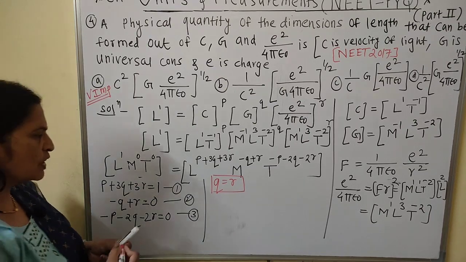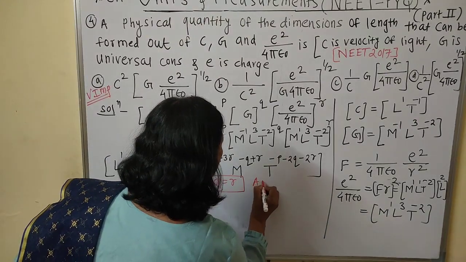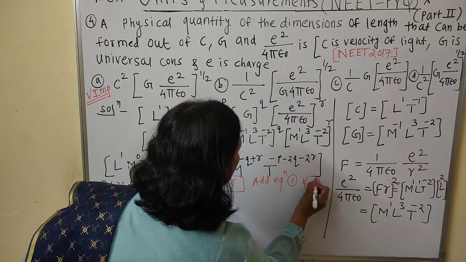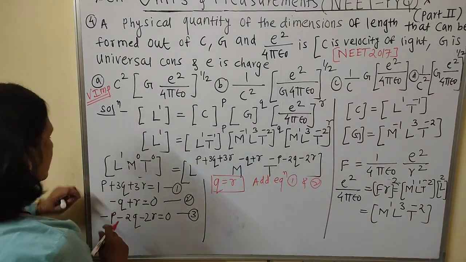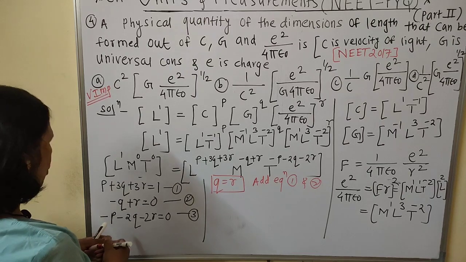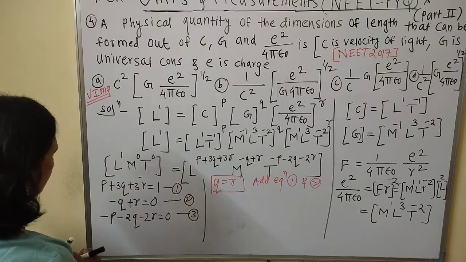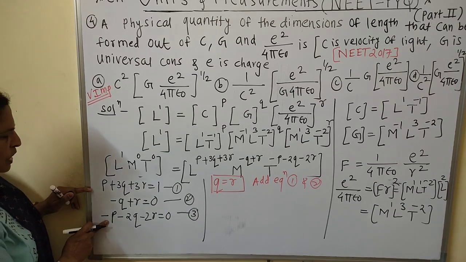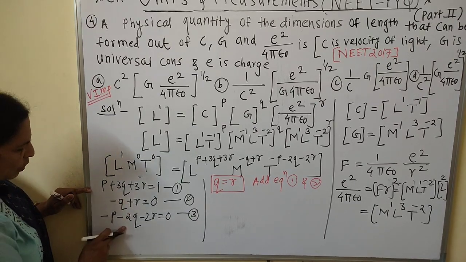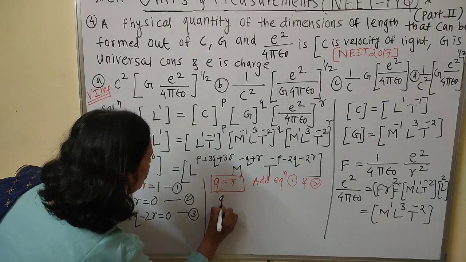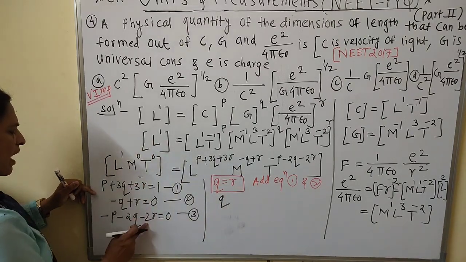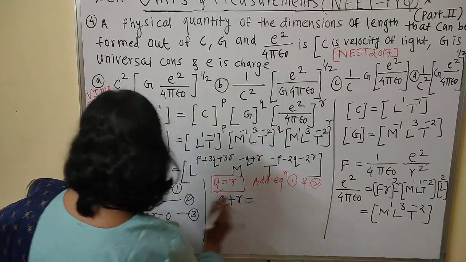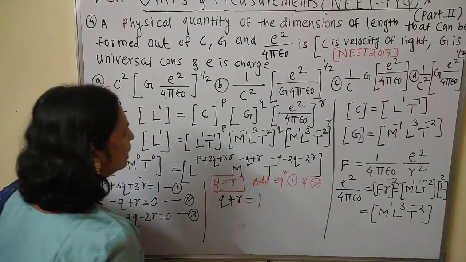Then we will get P minus P equal to 0, plus 3Q minus 2Q, it becomes Q, and 3R minus 2R, it becomes R, and that is equal to 1 plus 0, that is equal to 1.